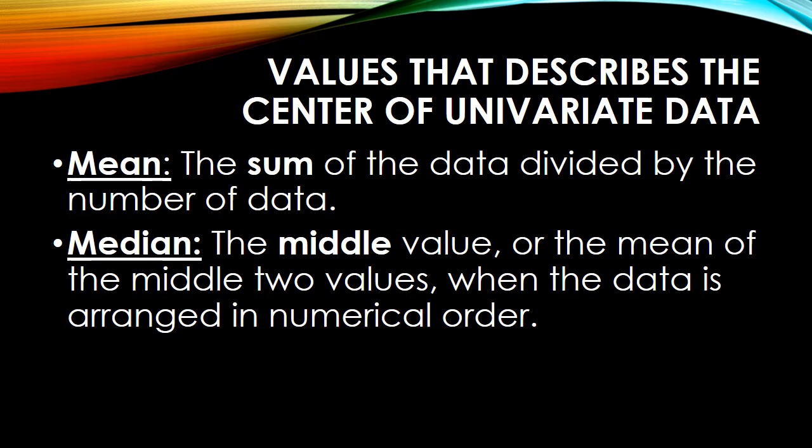Sometimes you're going to have an odd number of data values, and the median is the middle value once you put these numbers in numerical order. And sometimes you're going to have an even number of data points, and the median is going to be the mean, or the average, of the two middle values.